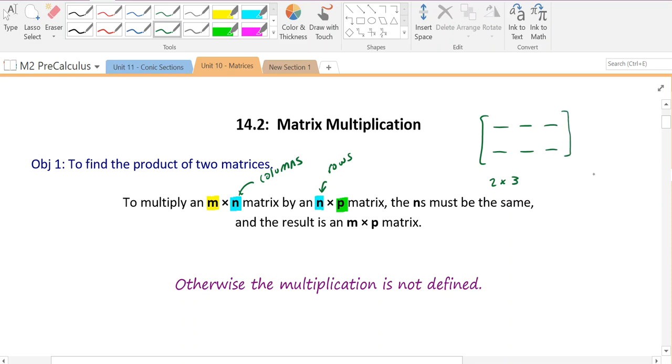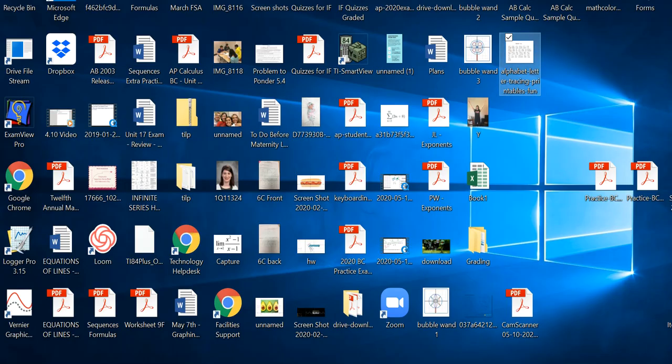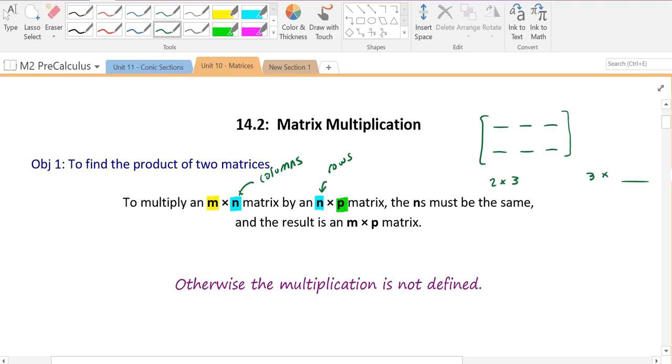So then what I'm multiplying must be 3 by something. It doesn't really matter what the columns are, but this number of columns has to match this number of rows. Otherwise the multiplication is not defined.